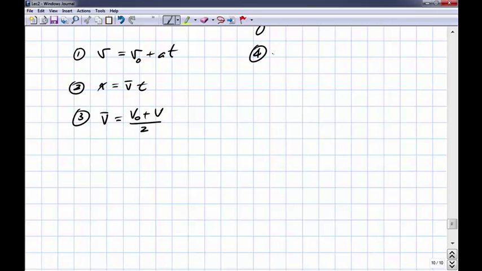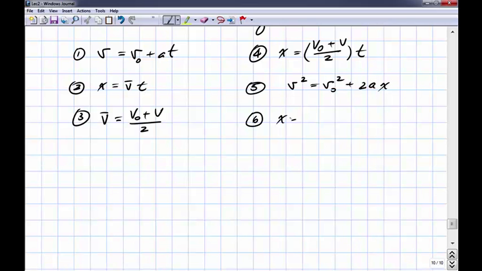Equation 4 looks like this: x equals v0 plus v over 2 times t. Equation 5 is v squared equals v0 squared plus 2ax. And finally, equation 6 looks like this: x equals v0t plus 1/2 at squared.